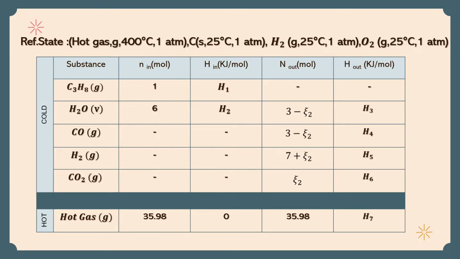After this, we can insert all our values and information into the table. Since our input stream of the hot gas is the same as our reference state, we can set our H in equal to 0 because there is no enthalpy change in the input stream. Next we can proceed with our calculation.